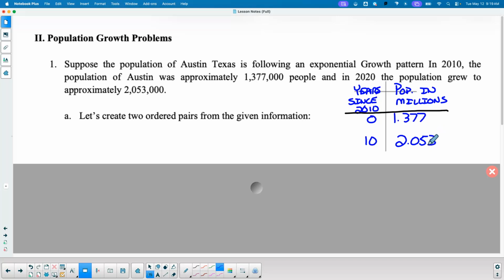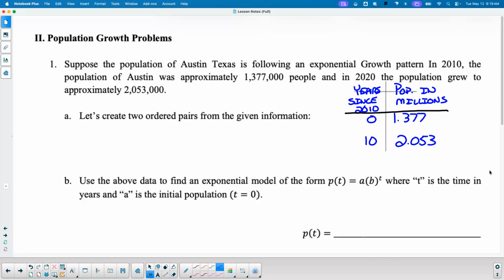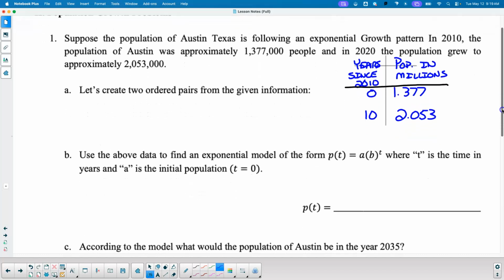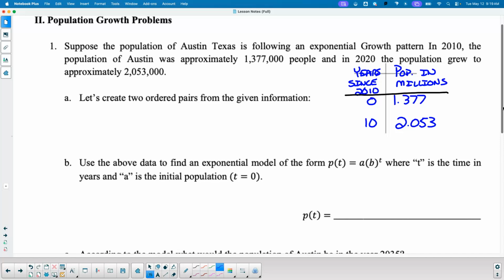Now, we want to come up with an exponential model of the form P of t equals a times b to the t power. I'm going to use both of my data points.